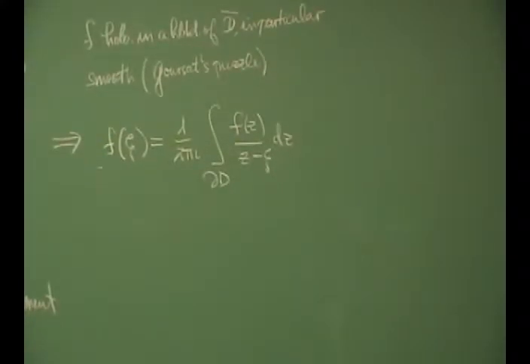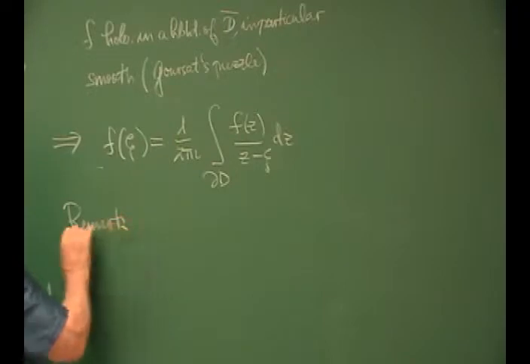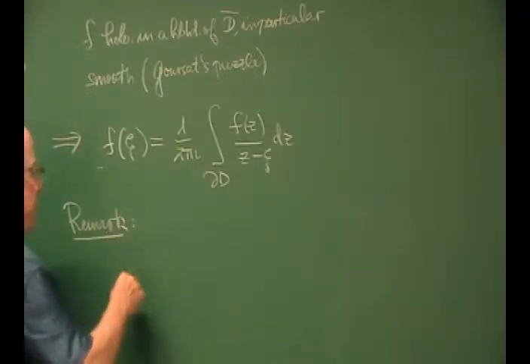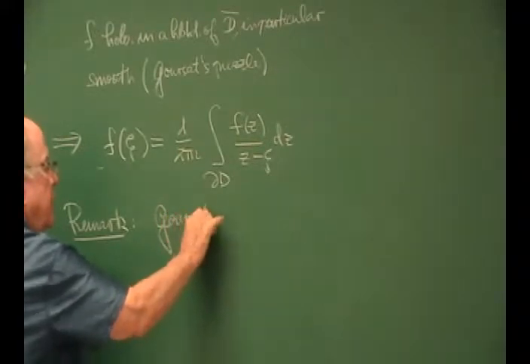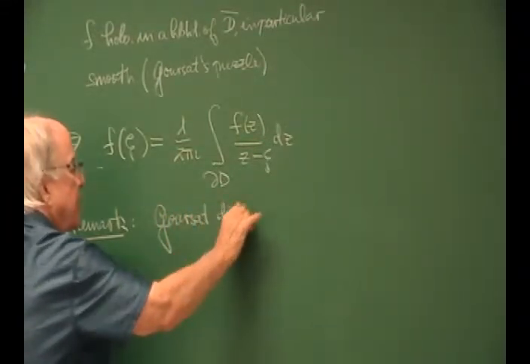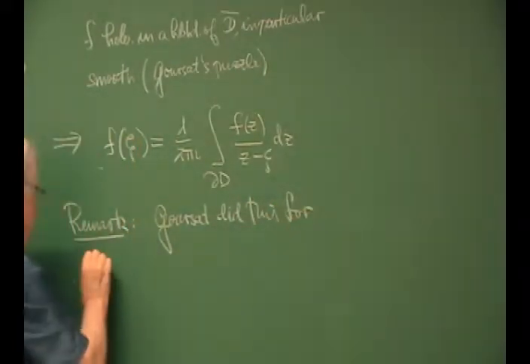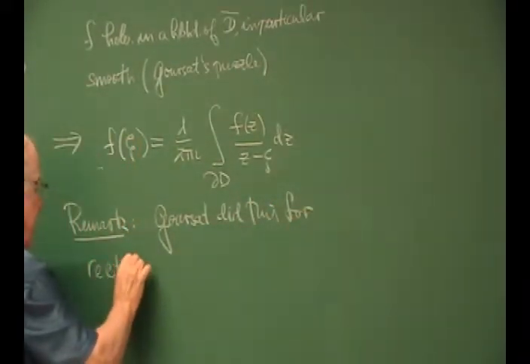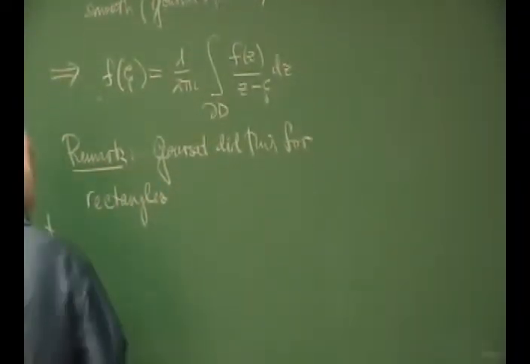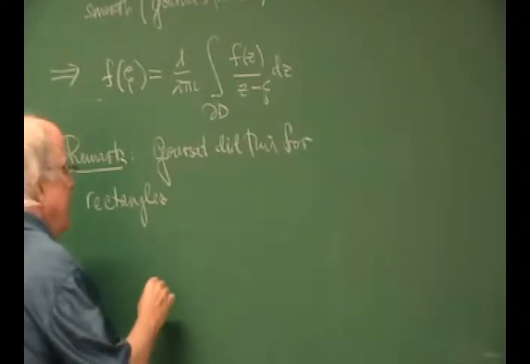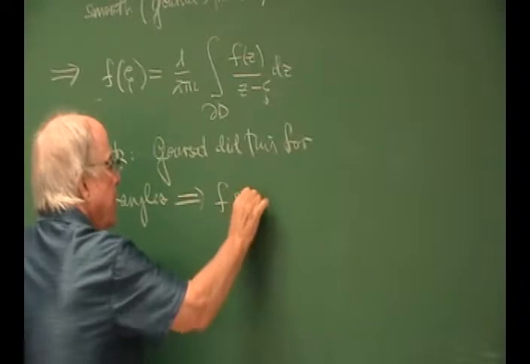The remark is, originally, Goursat did this for rectangles. And this proves that f is smooth.